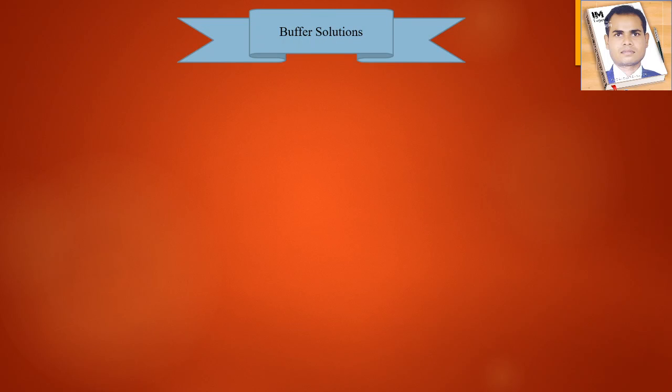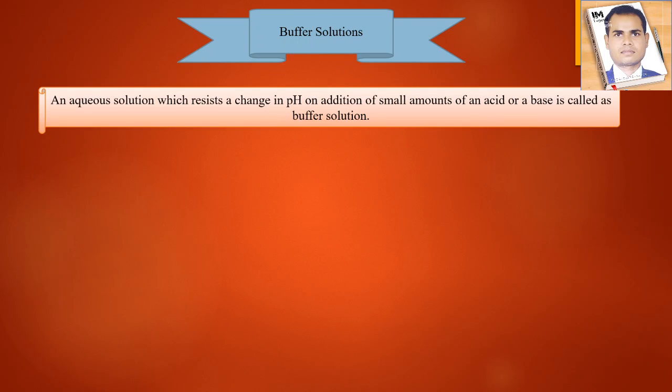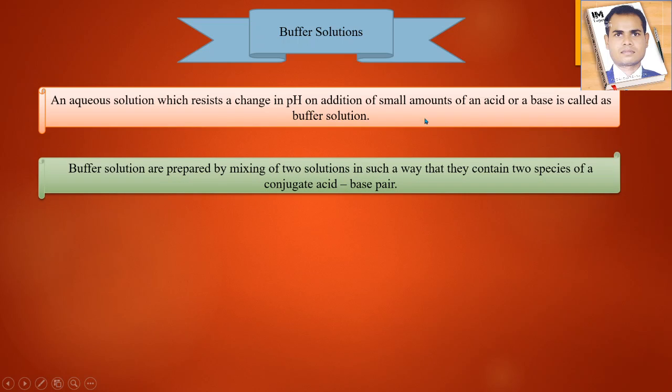Now, the definition of a buffer solution: an aqueous solution which resists a change in pH on addition of small amounts of an acid or a base is called a buffer solution. So you can simply say that by addition of a small amount of this solution we can control the pH of any kind of solution.